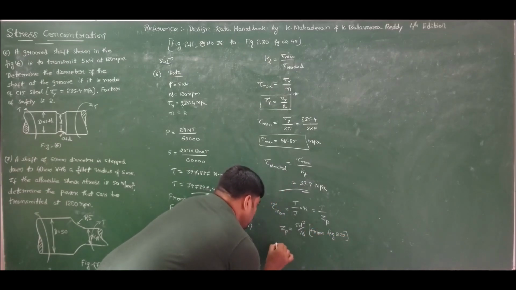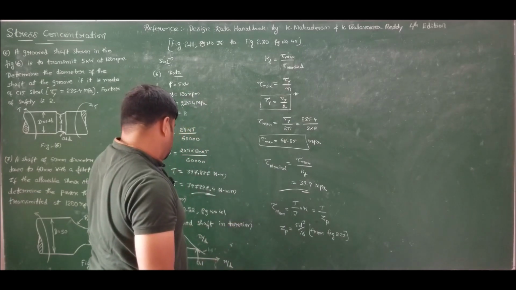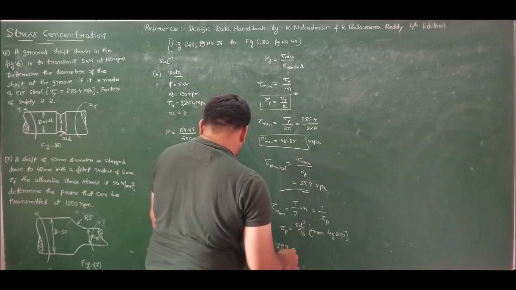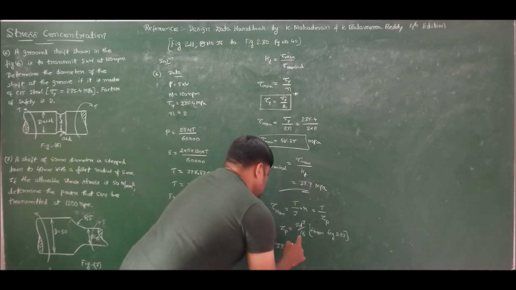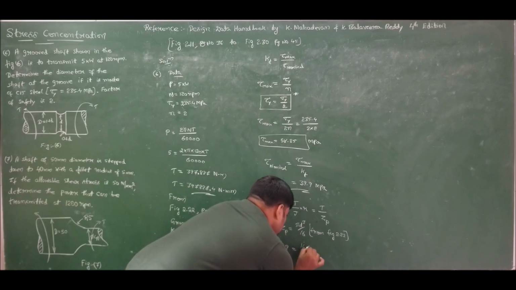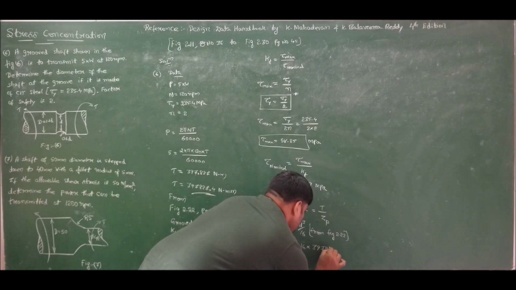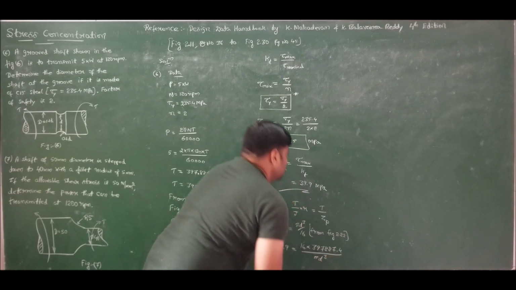So therefore we know tau nominal, which is 39.9. We know torque. So if I substitute, I will get 16 times torque, which is 397887.4, divided by pi d cube.